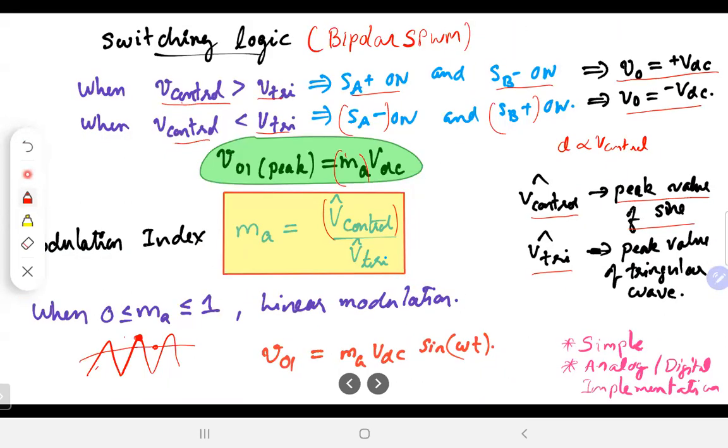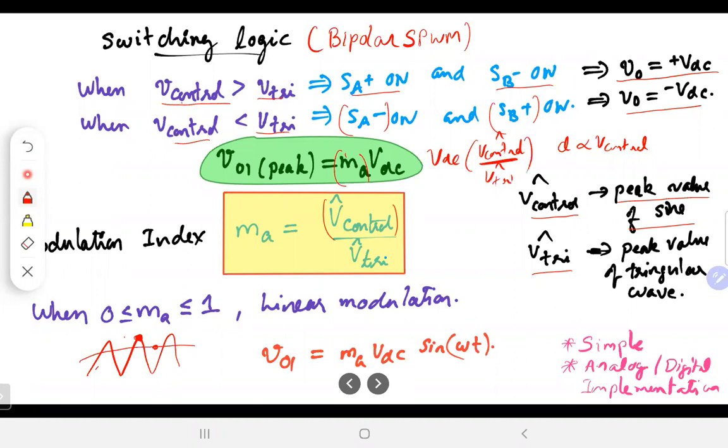While the sine peak is always smaller than the triangle peak, we have a guarantee that V control is proportional to D of every TS period, and we have that VO1 will be MA times VDC, or VDC times V control peak by V triangle peak.